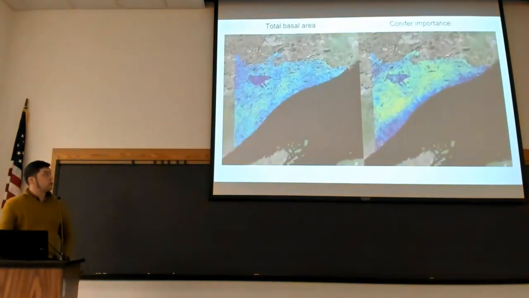So here are two of the inputs to the final product that I showed in my poster. You can go check that out if you haven't already. For the Arrowhead here, total basal area as well as total conifer importance from our base map layer, just to give you a sense of some of the information we can back out of this.